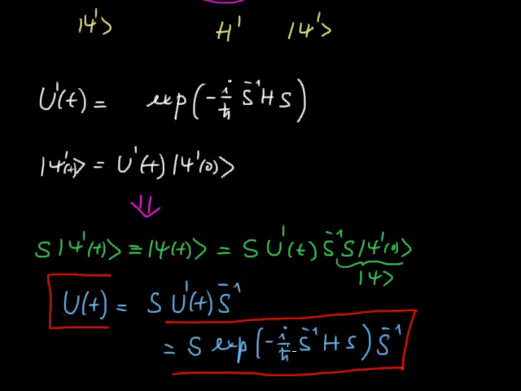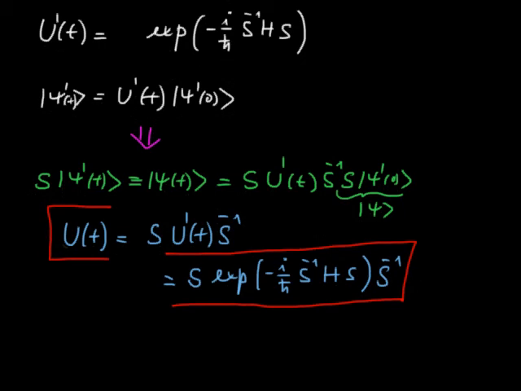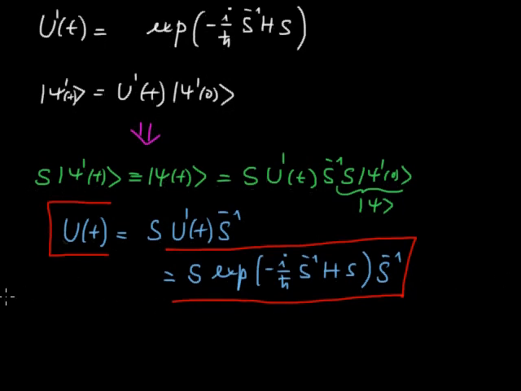The only thing that I need to find out now is if this really works. I mean, if I take this definition and put it into the original Schrödinger equation, do I really get a solution of that original Schrödinger equation? So let's do that as the last thing, basically.